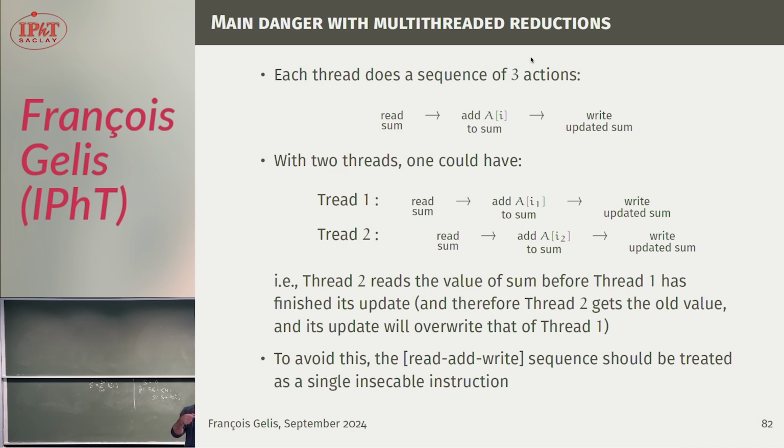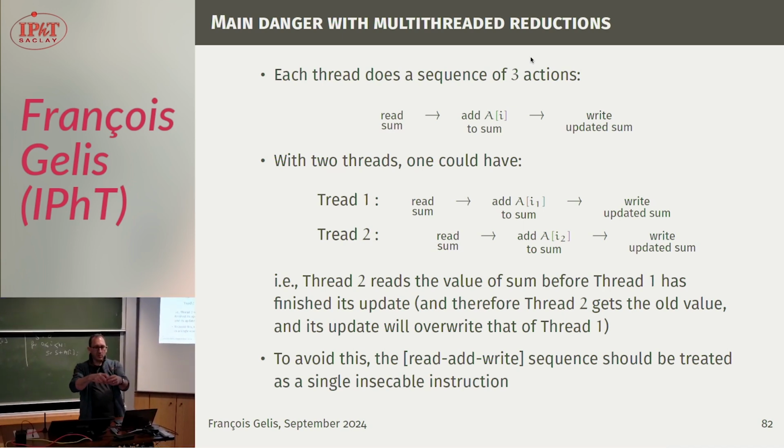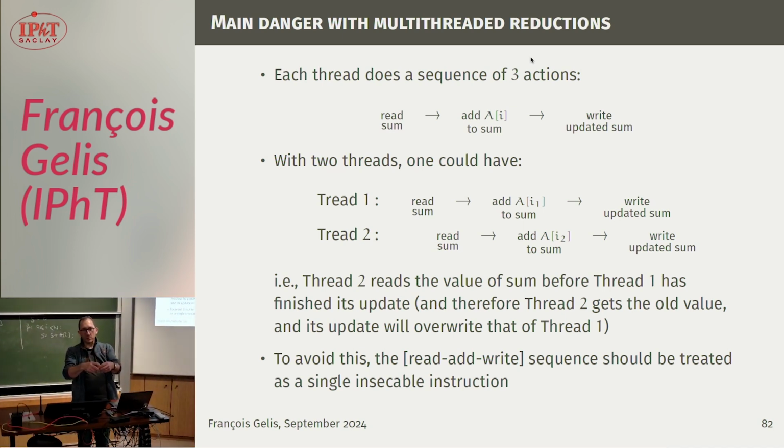By read, it means it fetches it from memory and copies it to one of the registers of the processor. Then to this value, which now sits in a register, it adds A_i and puts the result also in a register. And then the third step is that you copy this register back to the main memory. So it's really a sequence of 3 steps.